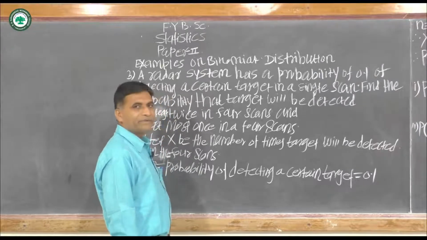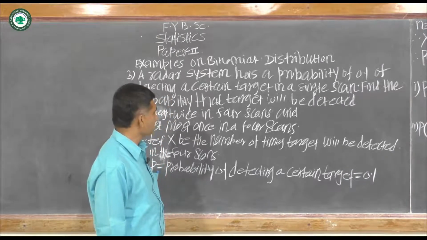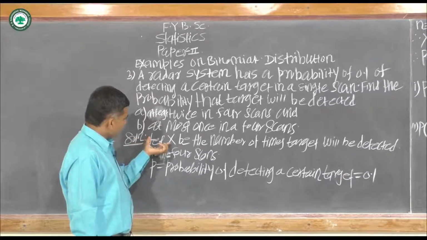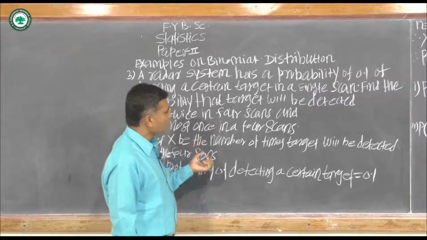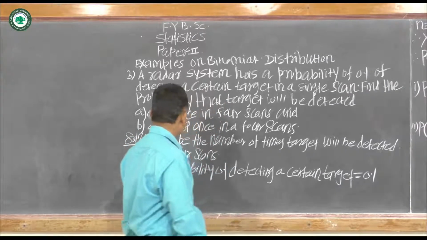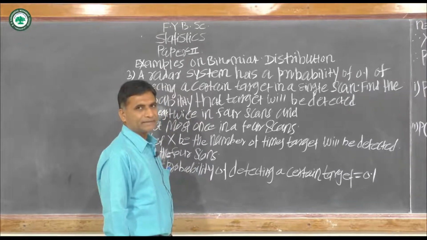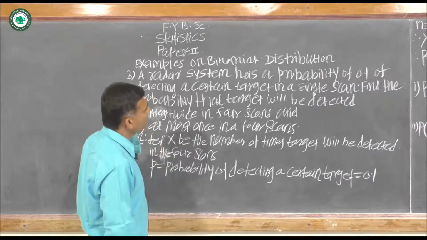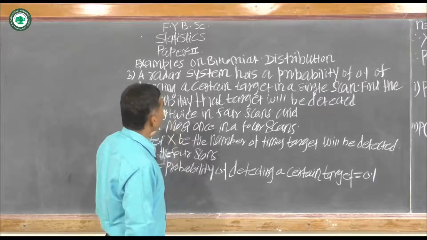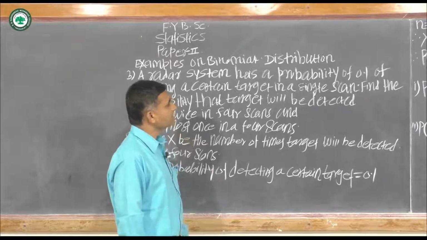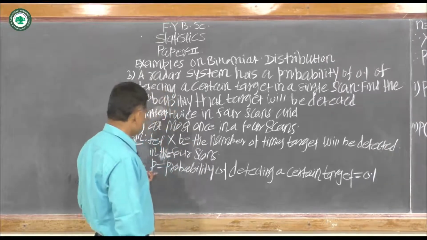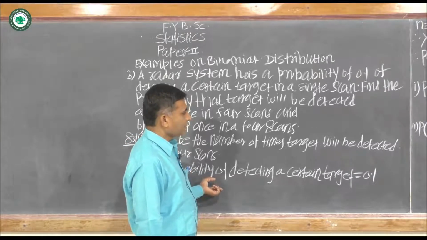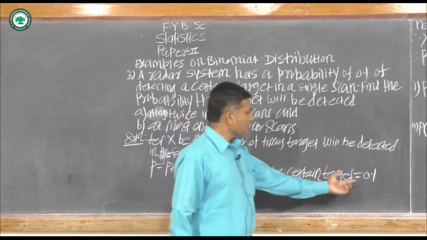For that, first we have to define random variable x. Let x be the number of times target will be detected in the 4 scans. This is the random variable x. Then in the problem it is given that the probability of detecting a certain target is p equal to 0.1.